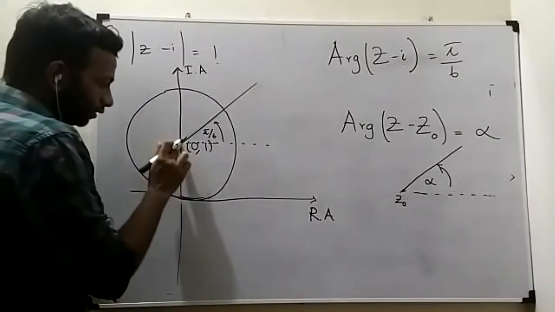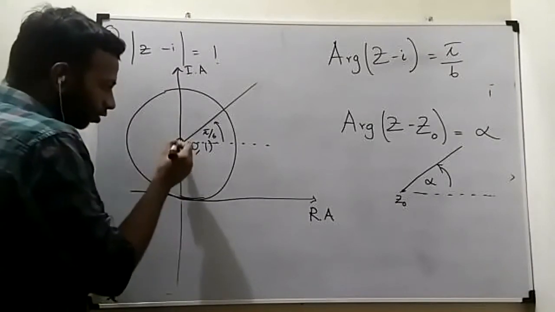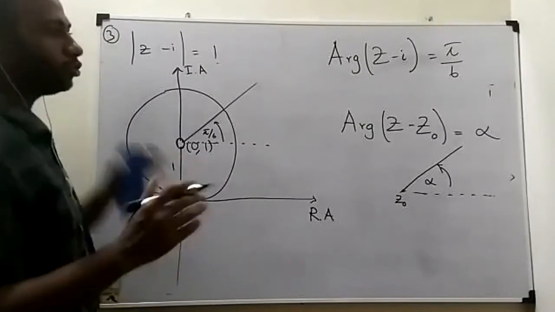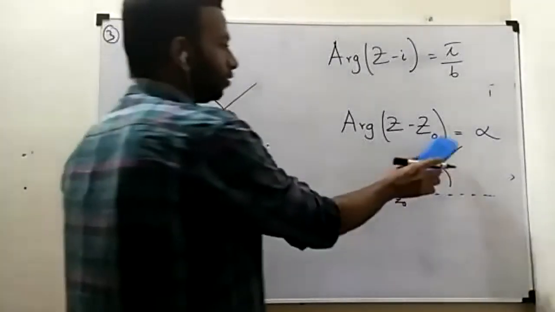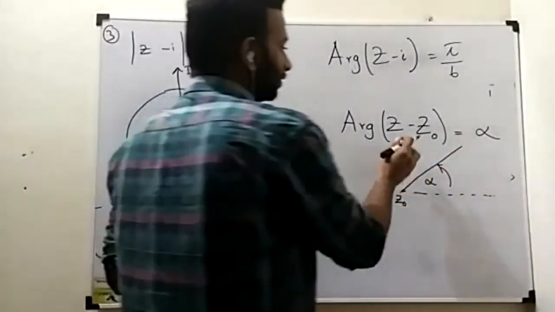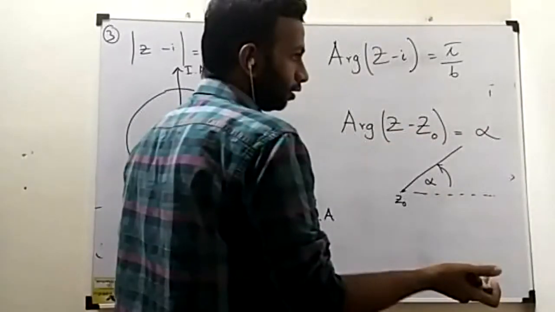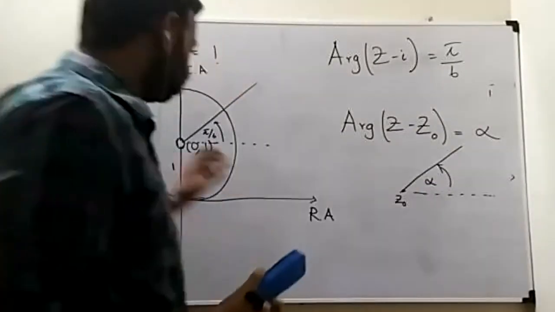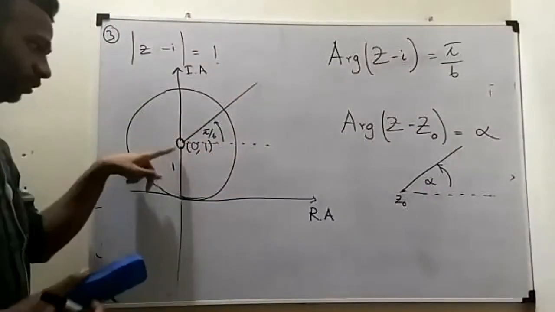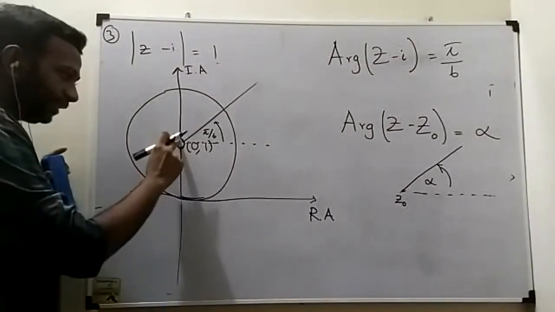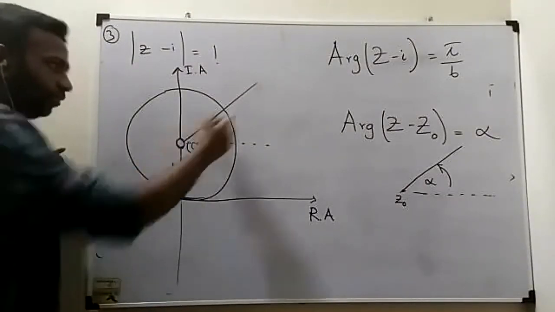So you need to make sure you draw a circle like this, because it shows that the point z naught is not included. Say, for example, z is equal to z naught, then you get 0. The argument of 0 is undefined. So remember to put a small circle here, and then only draw this.